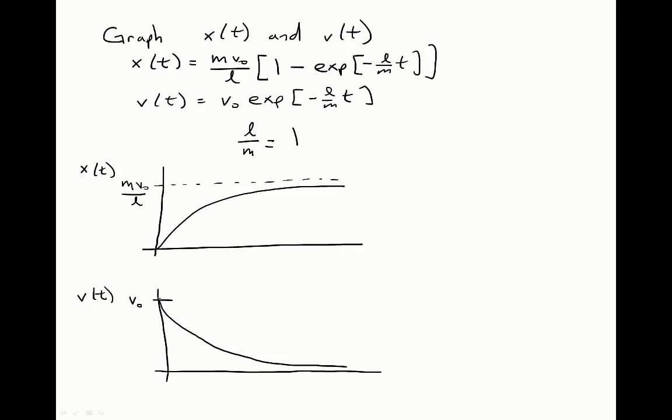And our velocity graph shows that at first it's going fast and it's slowing down, and the rate at which it's slowing down decreases. Does that make sense? Yeah, it does, because the slower it's going, the less the drag force is, so there's less acceleration as it slows down. So this is always important to do, is to go back, look at your equations, think about their limits, look at their graphs, make sure they make sense.